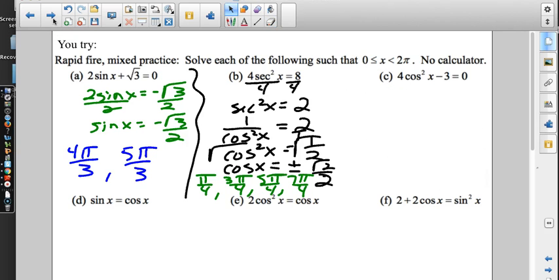How about C? Algebra instincts. What are you doing? Well, for people that gave me really small numbers, you certainly look like you're just doing this problem on your own now.